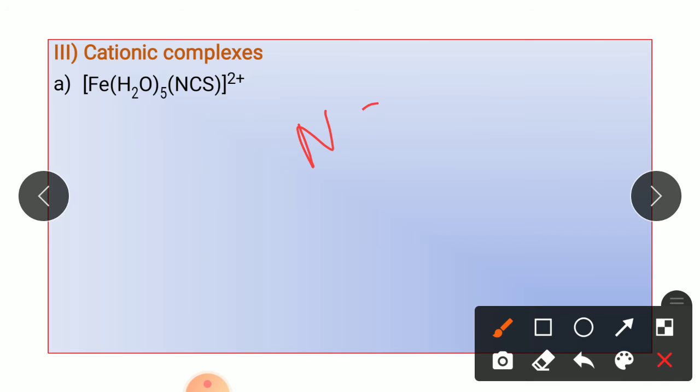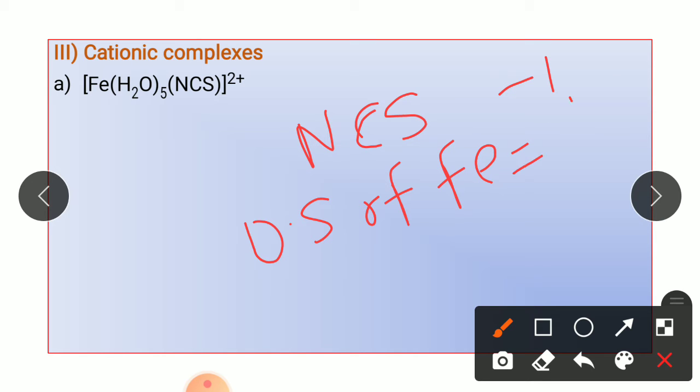Moving to the next example of the cationic complexes. This is the example [Fe(H2O)5NCS], that is isothiocyanate, and the complex is carrying a +2 charge. Now we know NCS is carrying one negative charge. So the oxidation state of Fe in this complex is going to be +3.